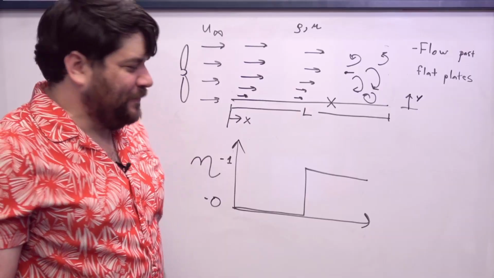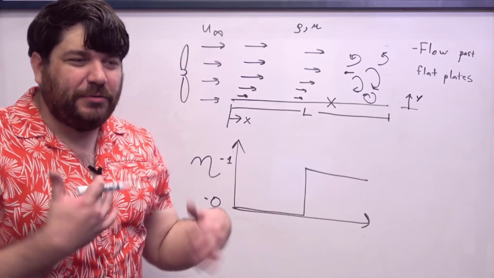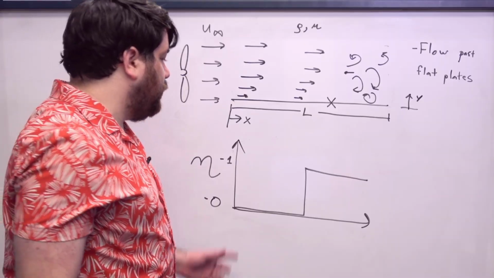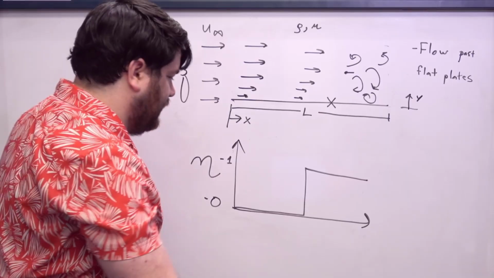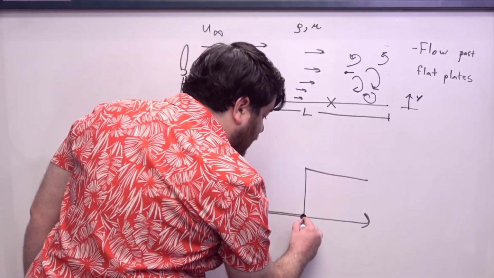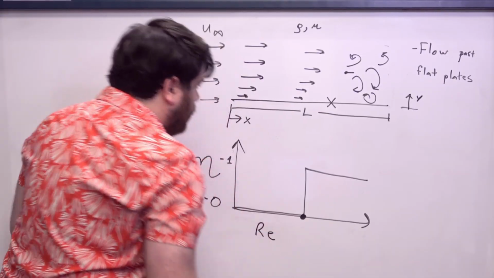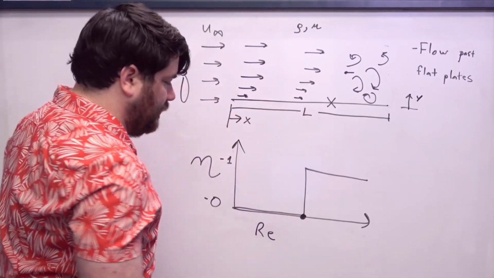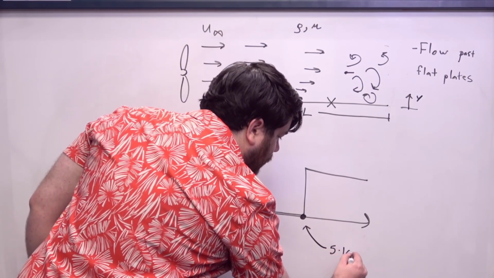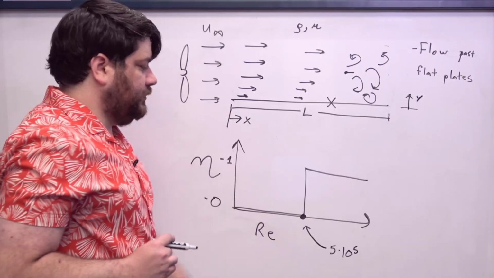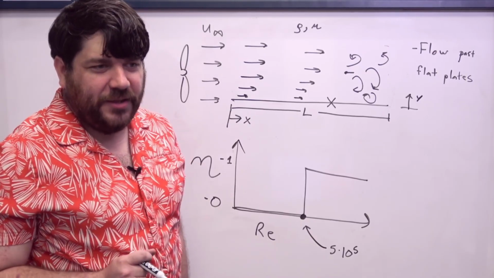It's very simple. And empirically, now it's up to experiment. Now we check the Reynolds numbers over which we observe the turbulence to occur, and we find that the transition to turbulence, at least in flow past flat plates, okay, for this specific kind of system, occurs roughly at a Reynolds number of 5 times 10 to the 5, or 500,000.